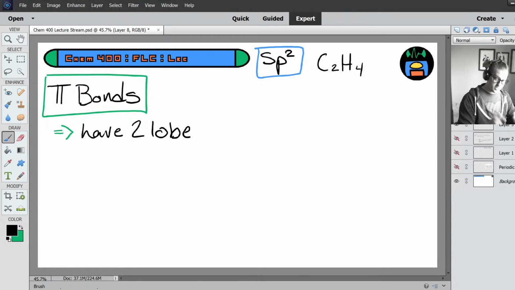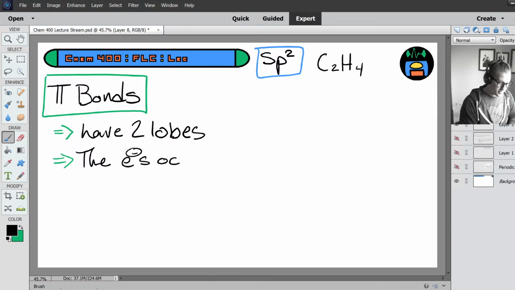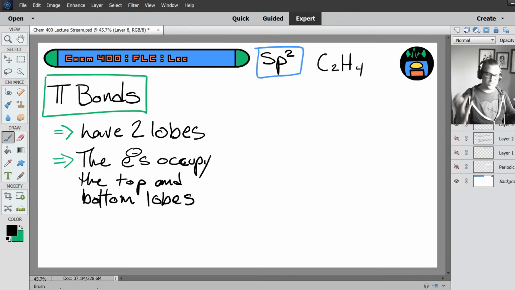That's just one pi bond, two lobes, and the electrons occupy the top and bottom. I drew them in the top lobe because the top lobe is not shaded, so it's easier to see the electrons, but I don't want you to make the mistake of thinking they're only in the top.